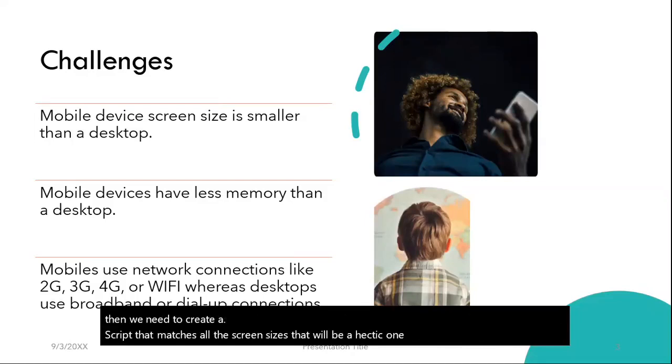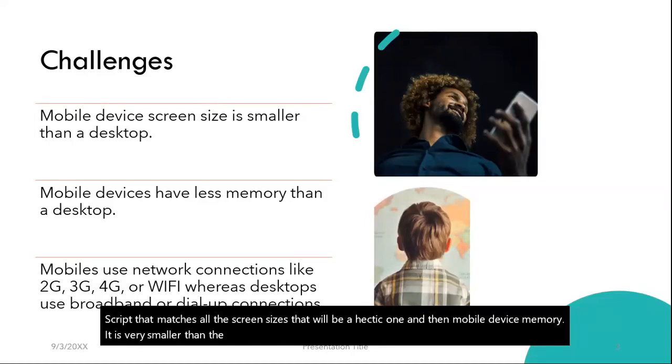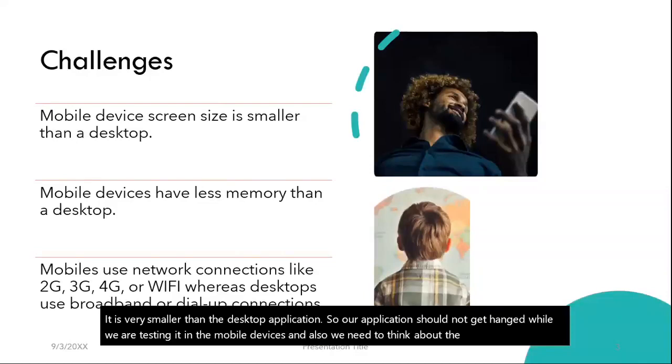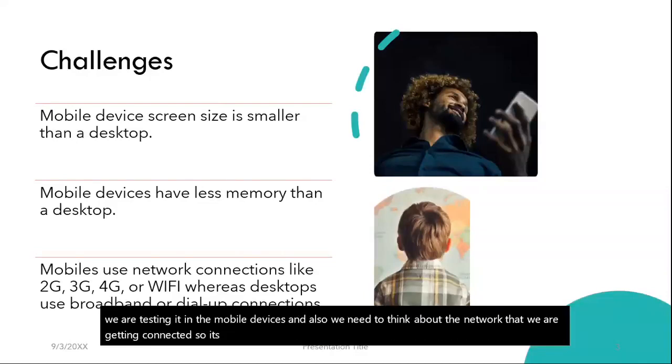And then mobile device memory. It is much smaller than on a desktop, so our application should not hang while we are testing it on mobile devices. We also need to think about the network the device is connected to: 2G, 3G, Wi-Fi, 4G, and now we also have 5G.